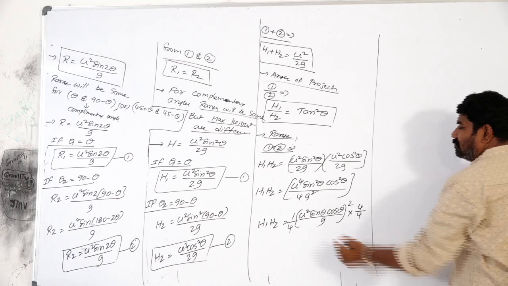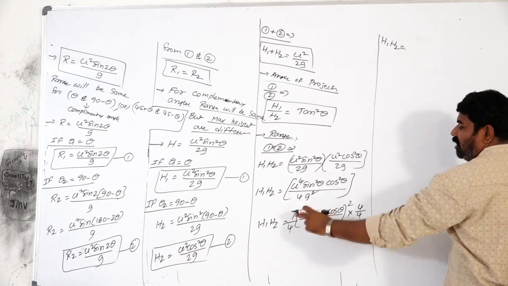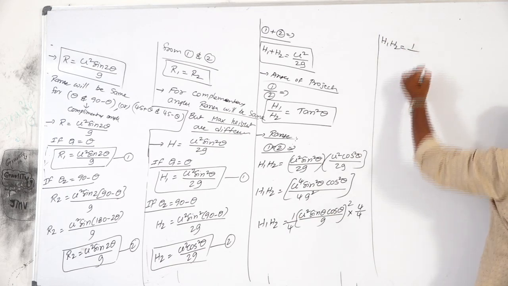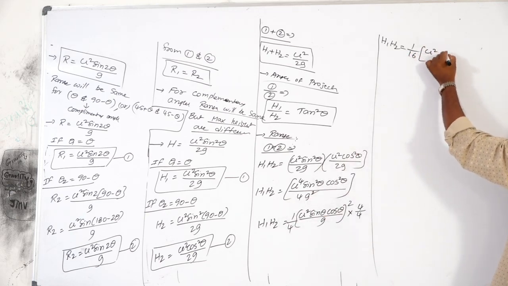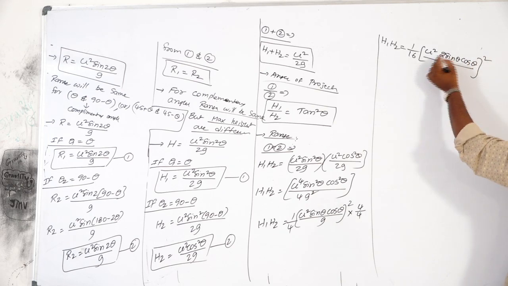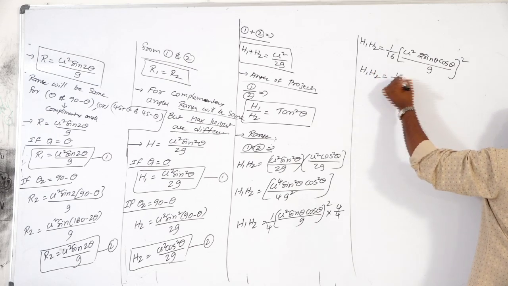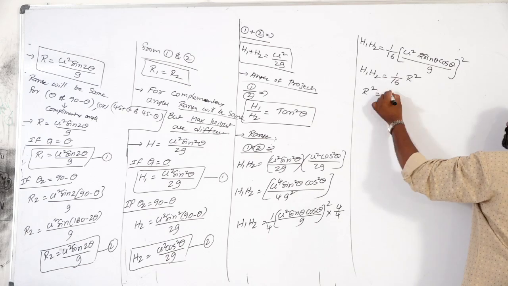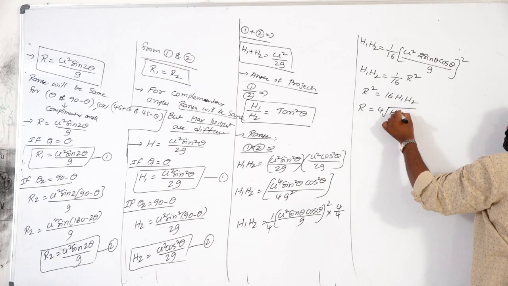Then we get H1 into H2 is equal to 1 by 16 into (u square 2 sin theta cos theta by g) whole square. That is nothing but the range, so H1 H2 is equal to 1 by 16 into R square. R square is nothing but 16 H1 H2. So the range is nothing but 4 root H1 H2.